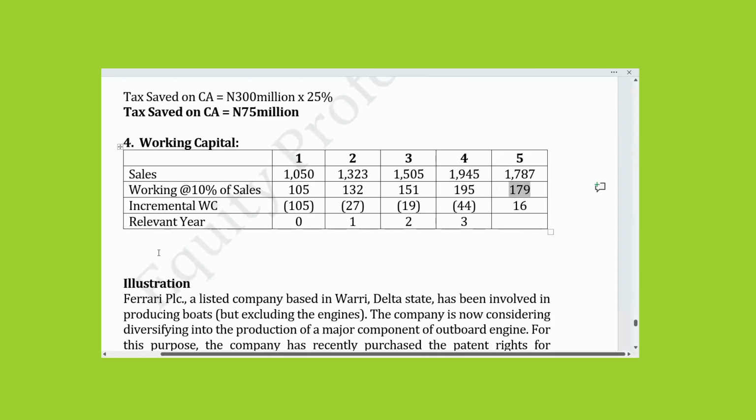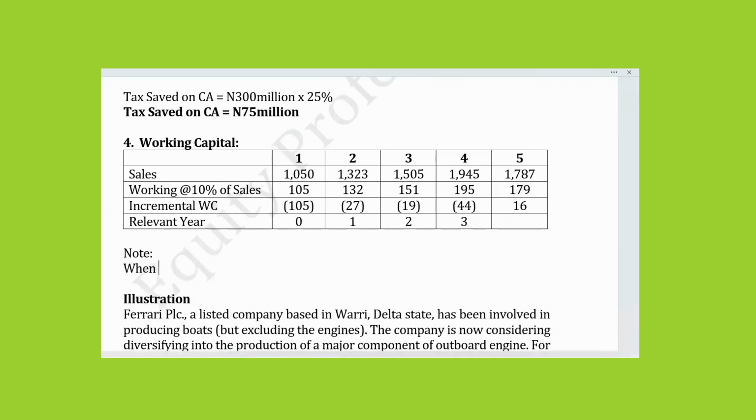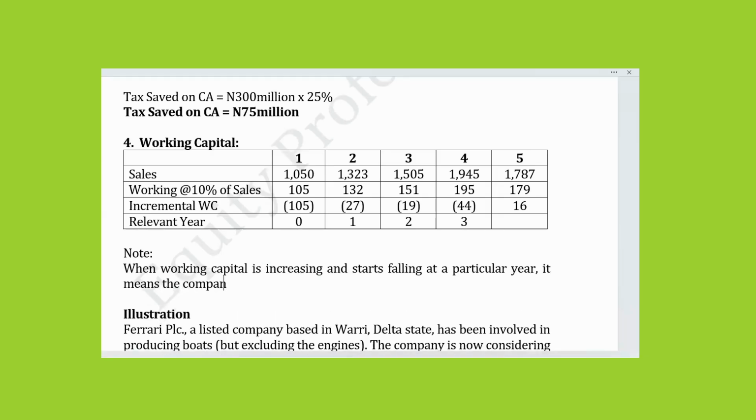So when your working capital is increased, let me put it down for you. Note, when working capital is increasing and starts falling at a particular year, it means the company has recovered part of the working capital.